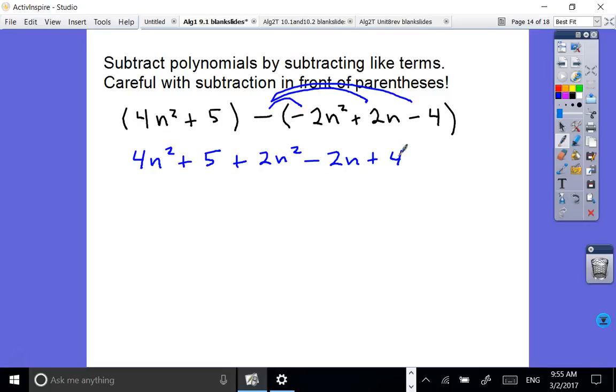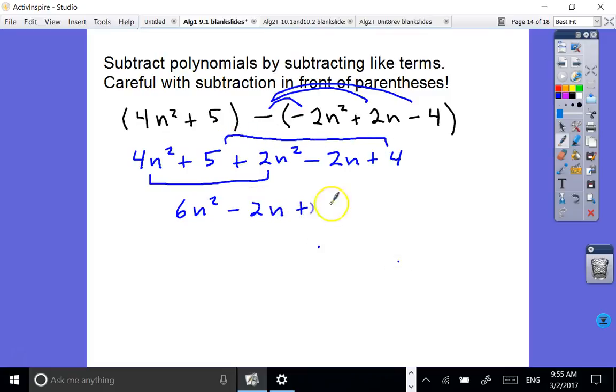And now we're going to combine like terms just like we did before. What's the highest power term going to be in this polynomial? It's going to be 6n squared. Okay, next. The minus 2n is the next highest power of the variable. And then you got a 5 plus 4 is 9.